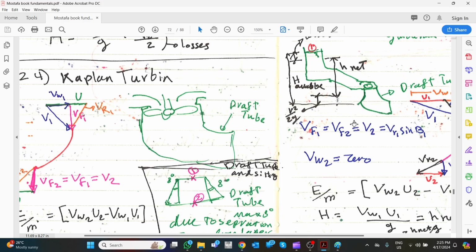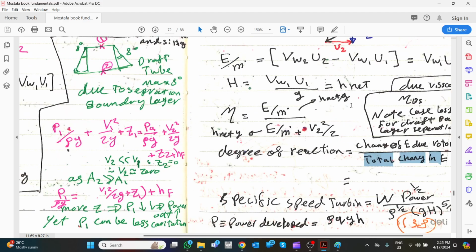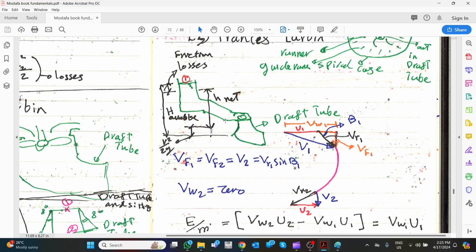Now there is one definition you need to understand, which is named the setting. What is meant by setting? Setting is where we can keep the turbine. For example, you will tell me, okay, I am going to keep the turbine as low as possible.